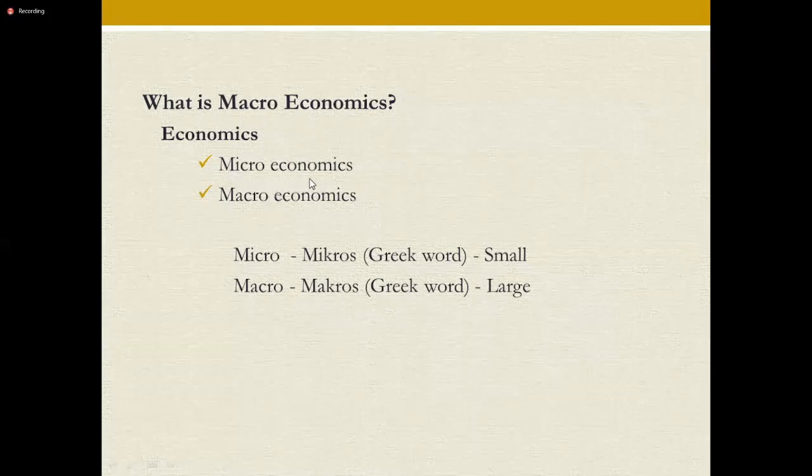In microeconomics, we identify individual units for the discussion of economic concepts, but in macroeconomics, we identify the economic context as a whole. We identify the entire economy in a holistic view, trying to identify the effect of different concepts in the economy in a holistic view.